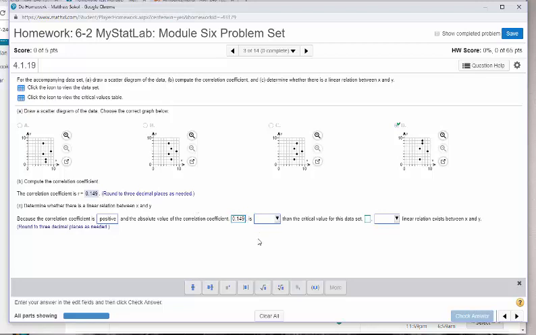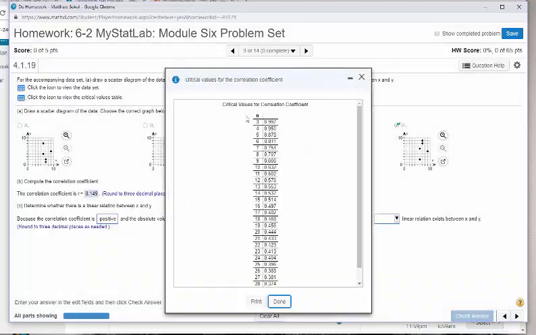If it's negative, just remember that if the correlation coefficient is negative and it asks you the absolute value of it, it turns positive. It says not greater than the critical value, so you click over here, and it opens up this critical value table. What n represents is the number of paired data you have.